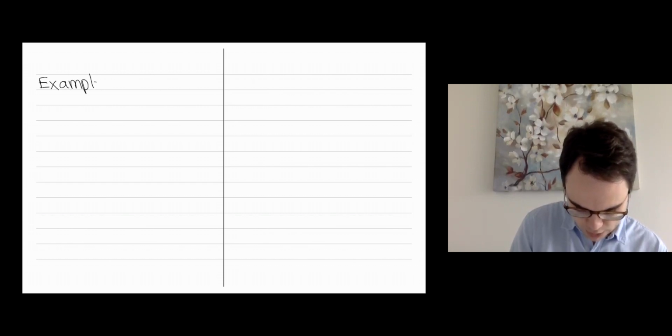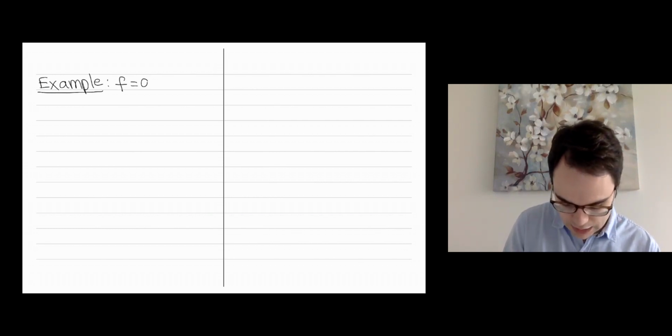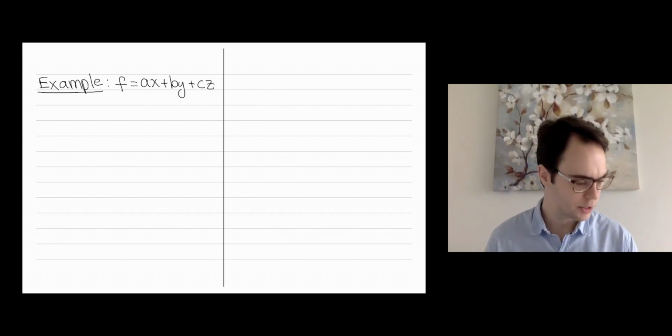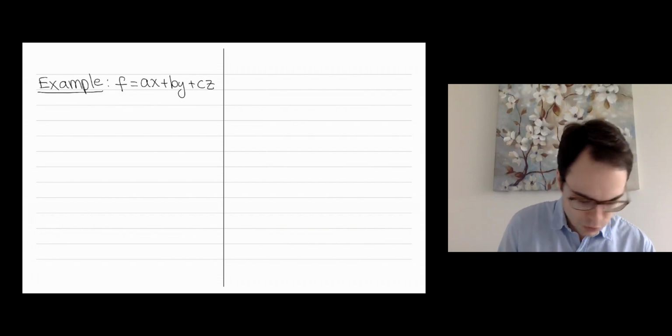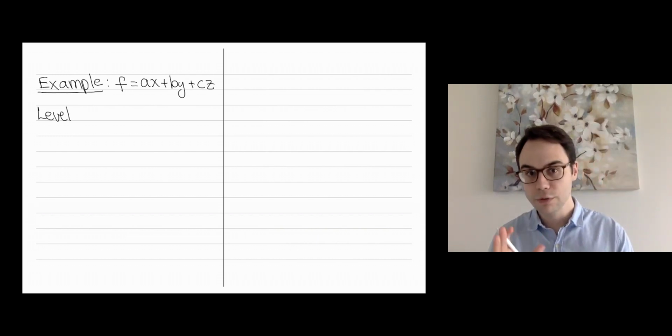So example number 1, exhibit A, is the function f equals ax plus by plus cz, where a, b, and c are constants. This is a function of 3 variables.